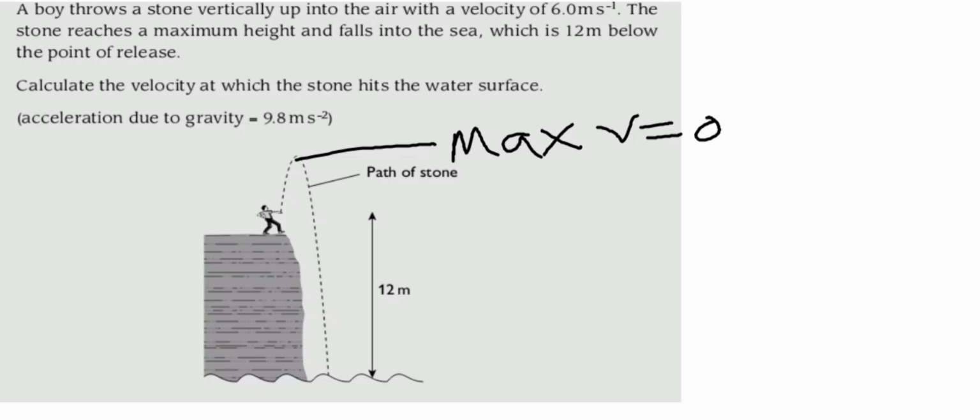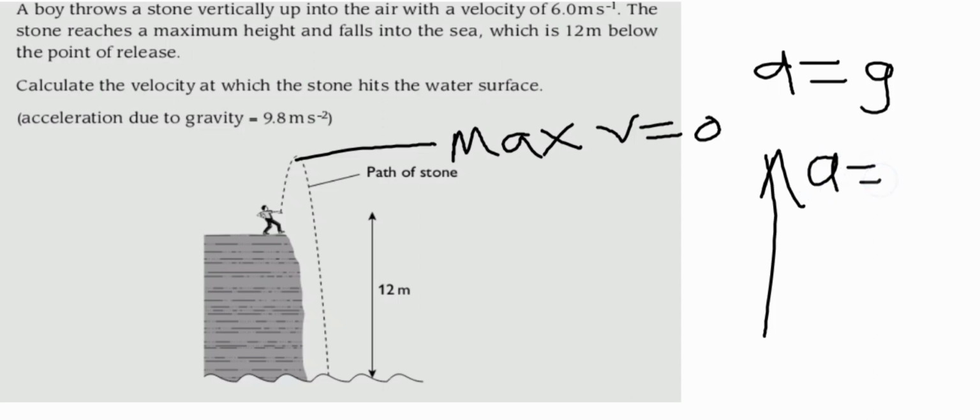So when an object is projected upwards, it moves against the gravity. So in this case, acceleration is equal to the gravity, but when it is projected upwards, it is going to move against the acceleration due to gravity, which means the acceleration is just going to be negative g. So you need to take the gravity to be negative 9.8 meters per second squared or negative 10.0 meters per second squared.